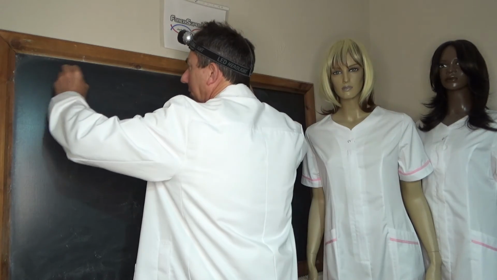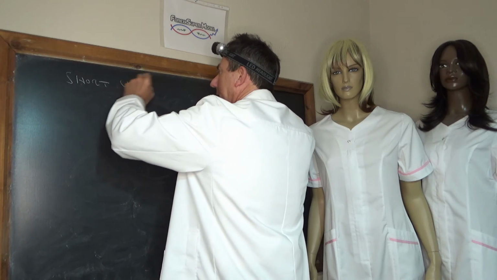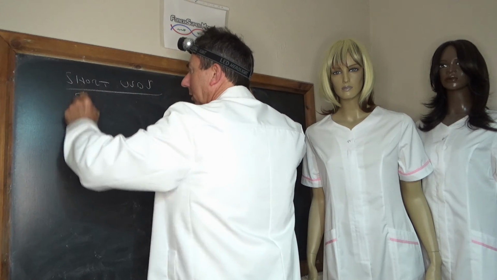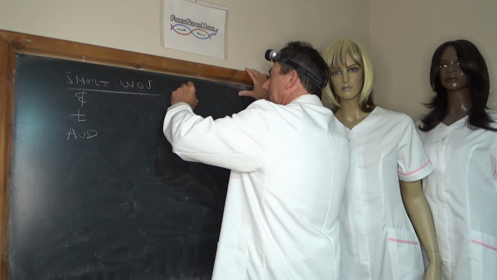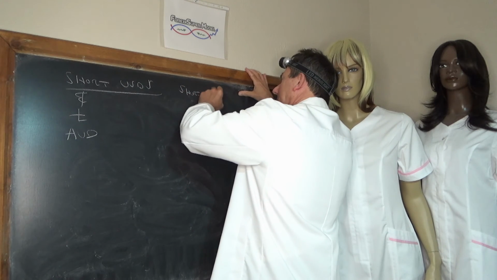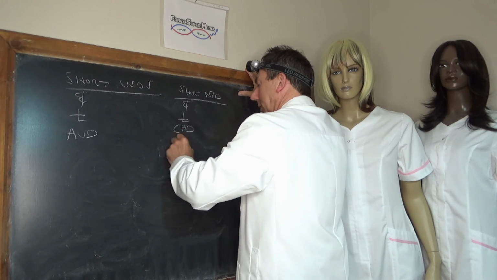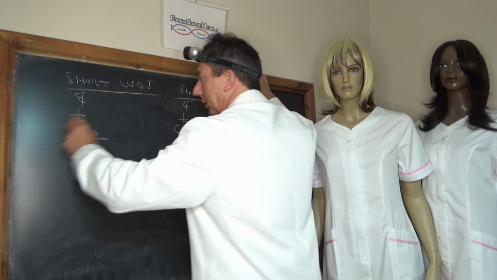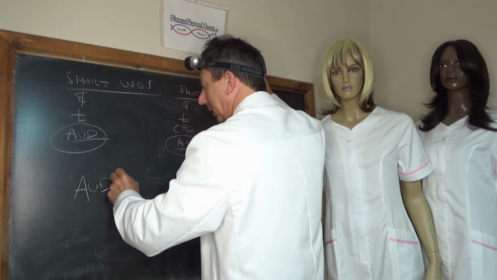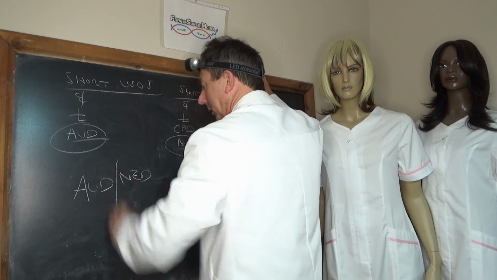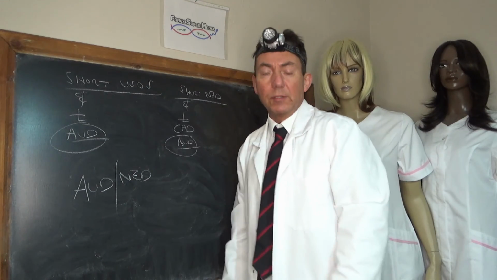So we're short USD against the euro, the pound, and the AUD, and we're short NZD against the euro, the pound, the CAD, and the AUD. Right, so the AUD is in play particularly, and the NZD. So basically, we're long AUD NZD.